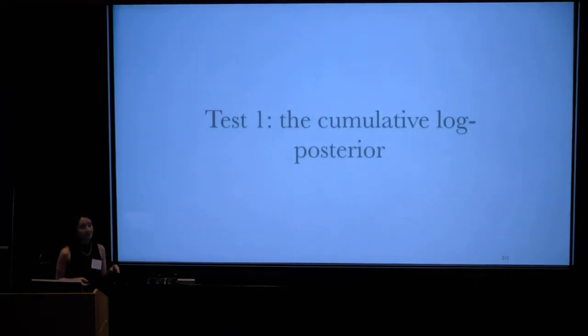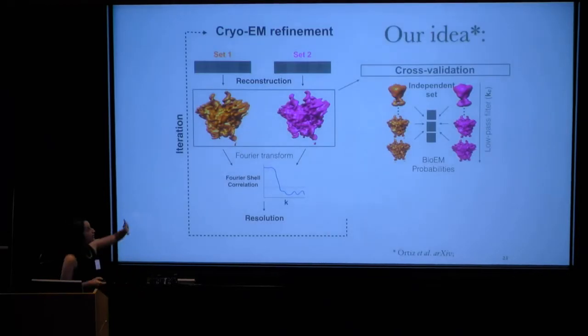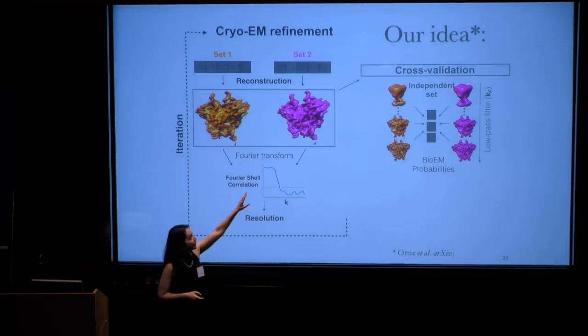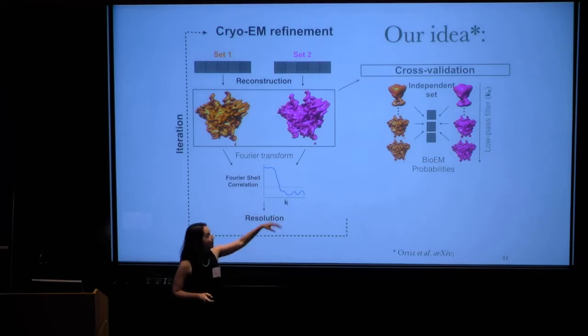So the first test that we want to ask about is the cumulative log posterior. We have the standard Cryo-EM refinement, and at each iteration step, we low-pass filter the maps. So we have maps at low frequency, which are low resolution, and maps to which we keep adding higher frequencies, increasing the resolution of the system.